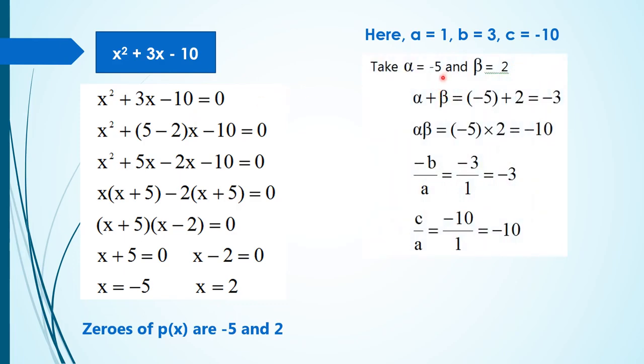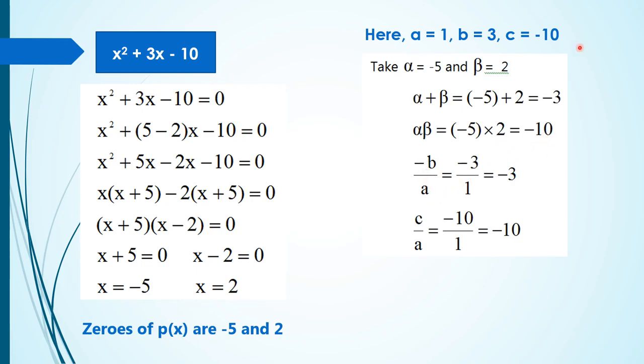Take alpha is equal to minus 5 and beta is equal to 2. We'll find all the four values, that is first alpha plus beta, minus 5 plus 2, both are having opposite signs, we have to do subtraction. 5 minus 2 is 3, and larger number having minus sign, minus 3 we will get. Alpha beta is minus 5 into 2, that is minus 10.